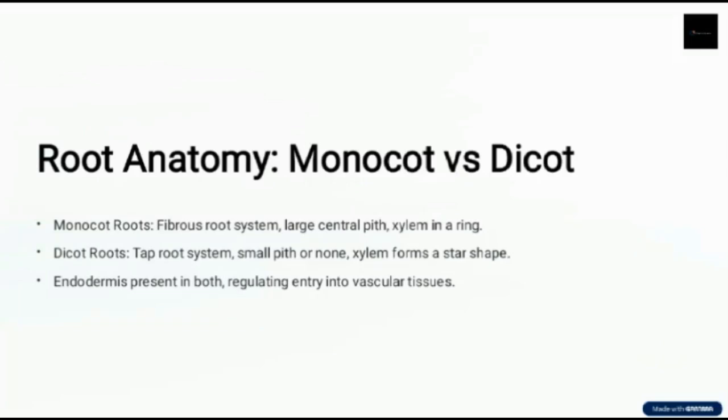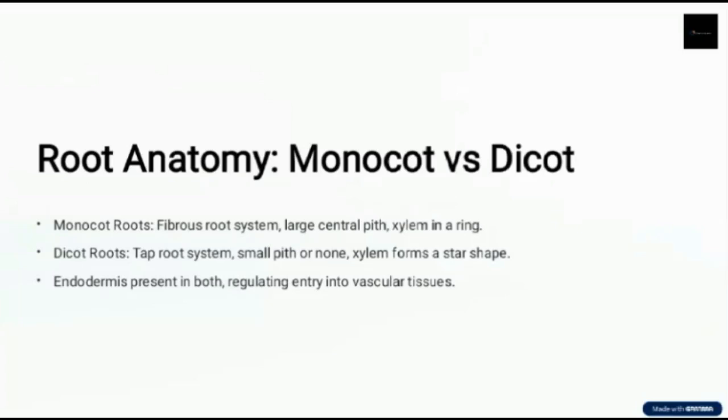Take a dicotyledonous plant, bring one of its roots, say a mango tree, and cut it open. First of all, when you look at a mango tree, you notice that it has a tap root system. Its roots are woody and they grow deep into the soil. Unlike maize, have you seen maize before? Maize has fibrous roots.